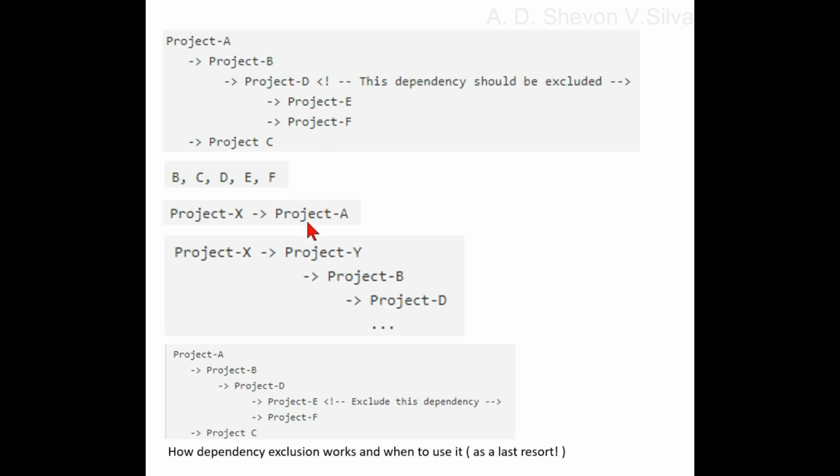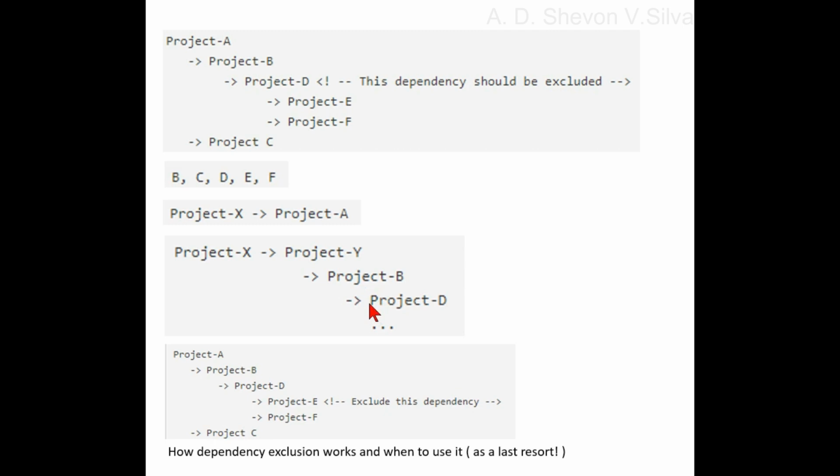Now consider that project X depends on project Y as in the diagram here. Project Y also has a dependency on project B, and it does need a feature supported by project D. Therefore, it will not place an exclusion on project D in its transitive list.